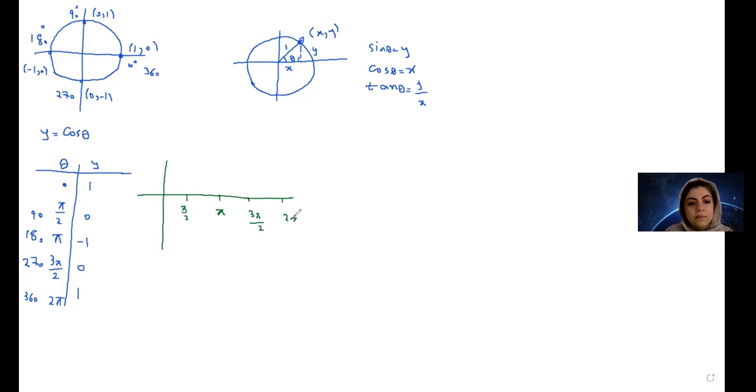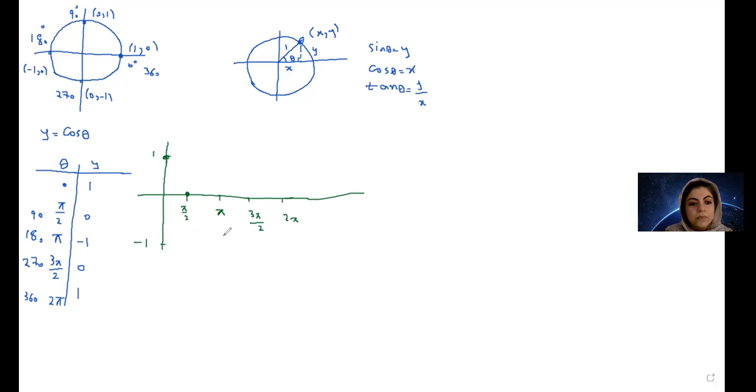I can go further, but one cycle is enough for me to graph. So 0 is 1. So let's just put my 1 to be here. So 0 is 1, means this point. Pi over 2 is 0. Pi is negative 1. So let's see, negative 1 is there.